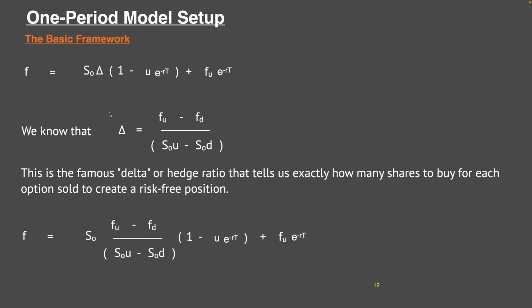So we are substituting the value of delta in this equation, S0 into Fu minus FD.